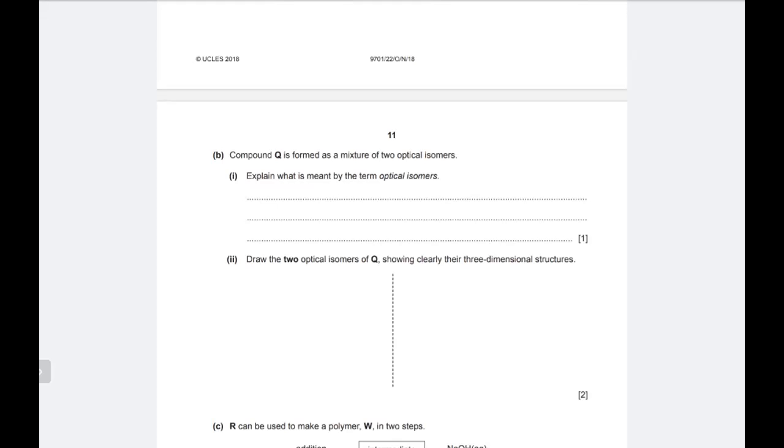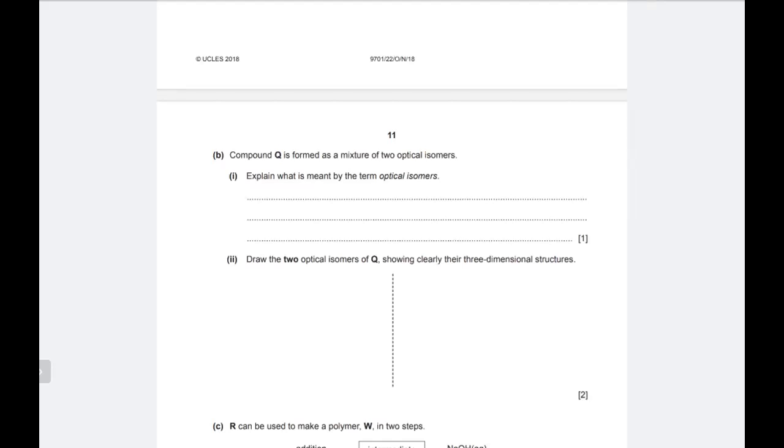One molecule deflects the plane polarized light in one direction and the other molecule deflects the plane polarized light by the same degrees in the opposite direction. That's what they do. They deflect plane polarized light in opposite directions, but at the same angle. Those are optical isomers.